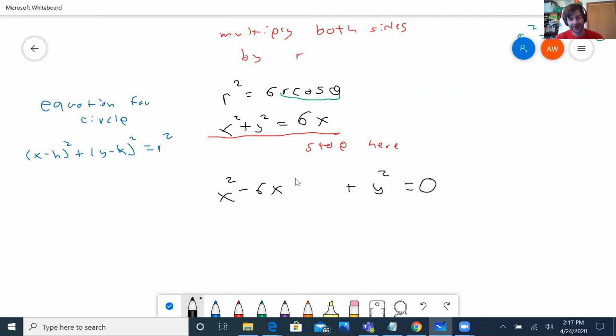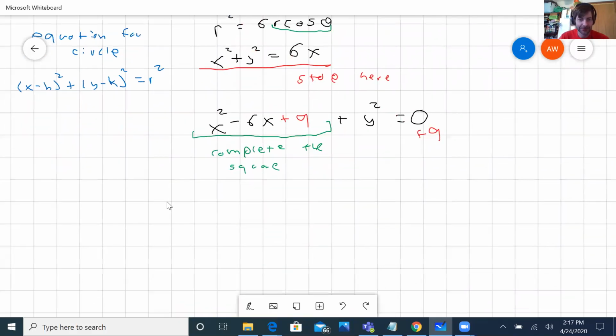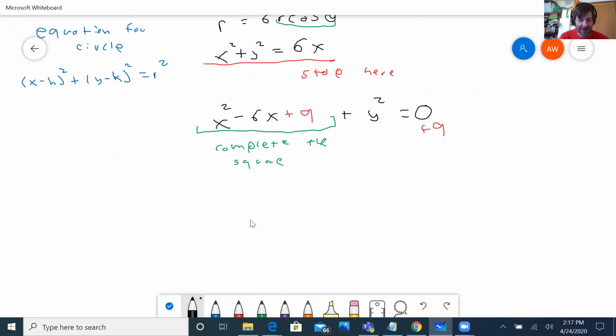You're going to notice I left a little bit of a space here, and that's because I'm going to complete the square on this. Which means I am going to add 9 to make this a perfect square. And I'm going to also add 9 over here, because now this thing factors into x minus 3 squared plus y squared equals 9.